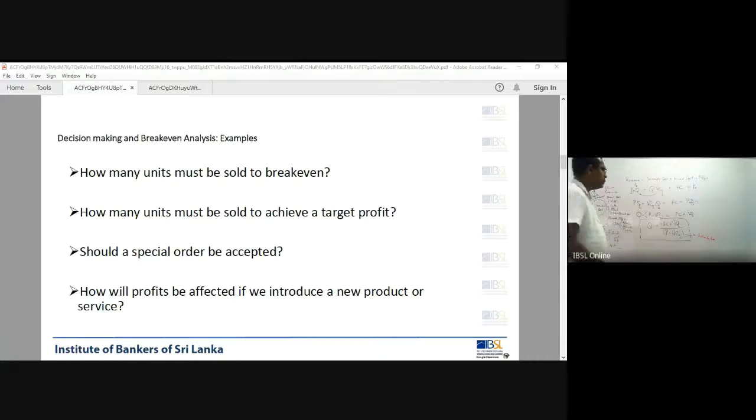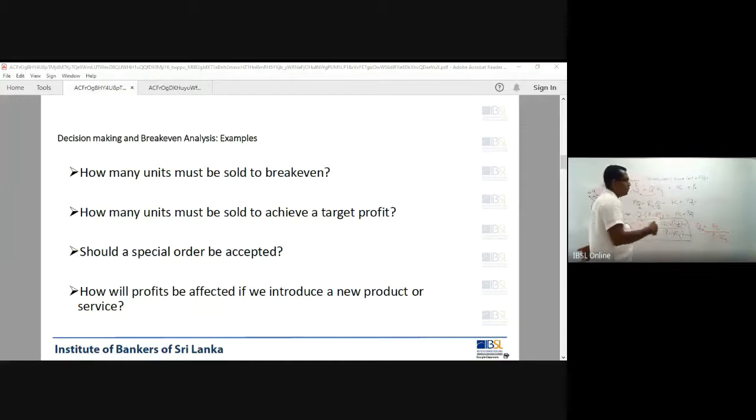I told you break even is the point at which profit equals 0, right? So break even quantity equals fixed cost divided by price minus variable cost per unit, which is the contribution.